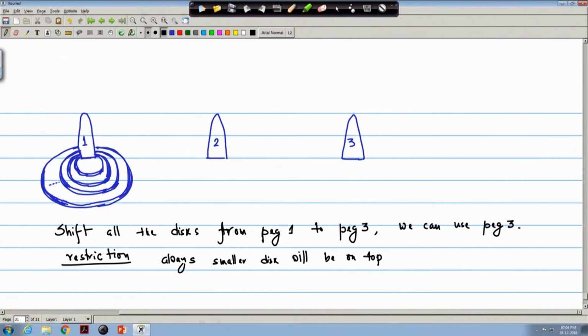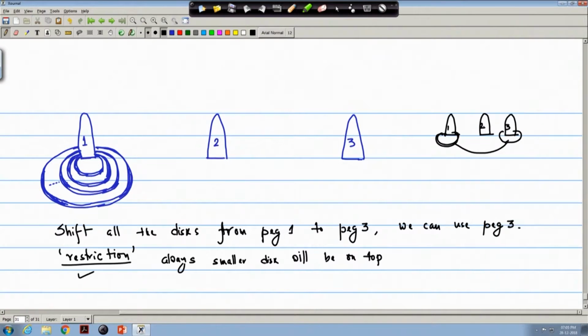Even during the transfer we must follow this restriction. Now, if I have only one disc, then simply I will transfer it to peg 3.